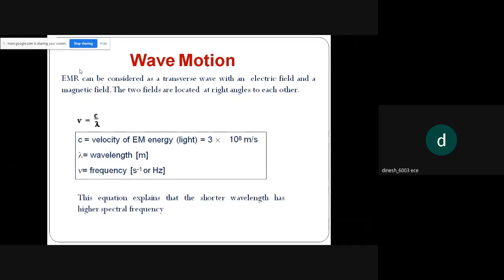Okay, so the wave motion. The electromagnetic radiation can be considered as a transverse wave with an electric field and a magnetic field. The two fields are located at right angles to each other.